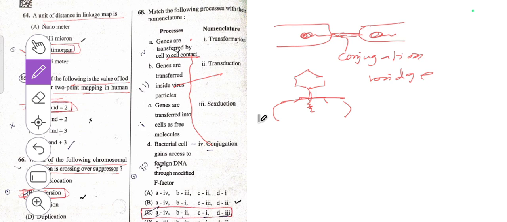So genes are transferred inside virus particles, then it will be called as transduction. Genes are transferred into cells as free molecules, that is transformation. Then a bacterial cell gains access to foreign DNA through modified F factor, that is sexduction.